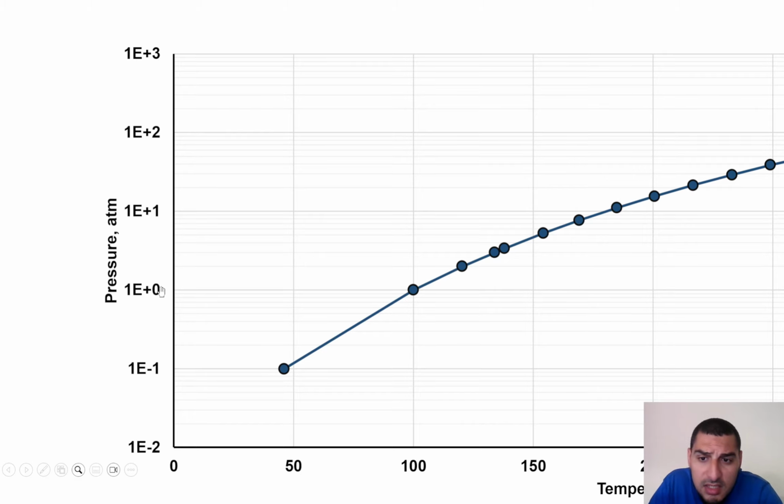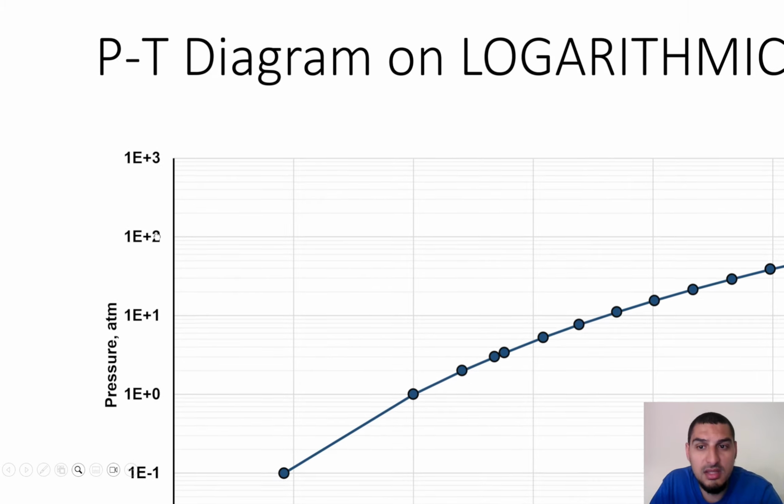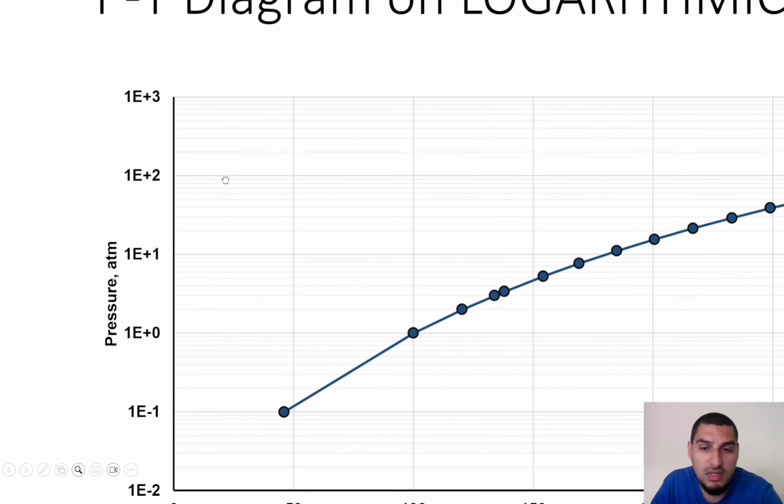Here you would see the minor grid lines, we have here 10 power minus 1, which is 0.1. This is going to be 0.2, 0.3, 0.4, 0.5, 0.6, 0.7, 0.8, 0.9, then 1, then 2, 3, 4, 5, 6 until 10, then 20, 30, 40 until 100, then 200, 300, 400 until 1000, and so on.